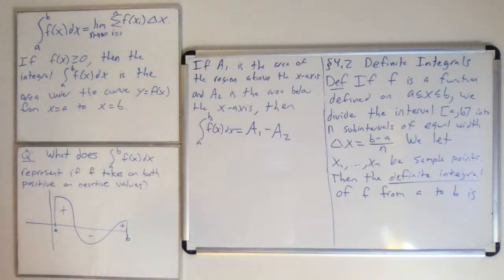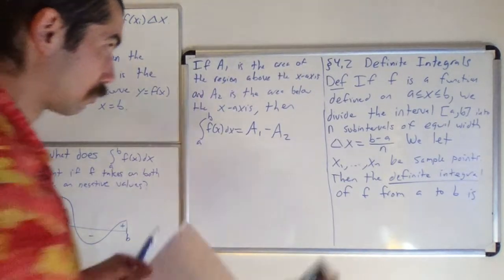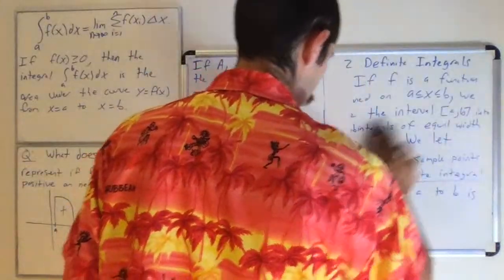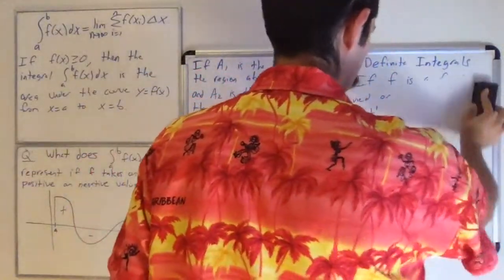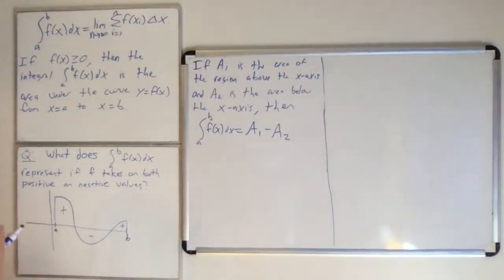So let's state a theorem and then we could get to an example. This theorem tells us when these integrals exist.